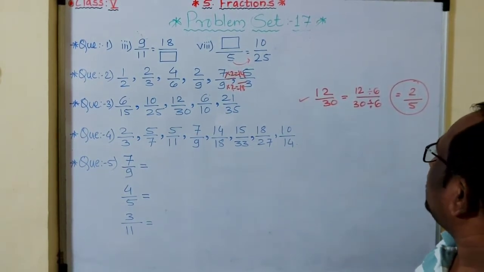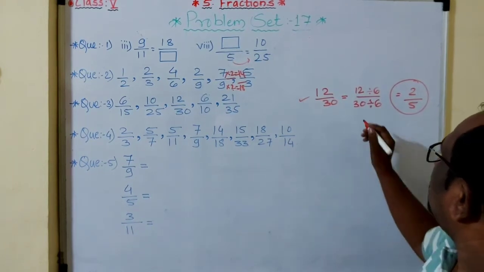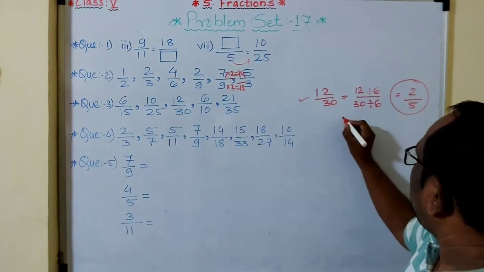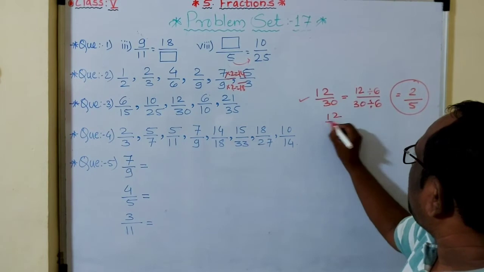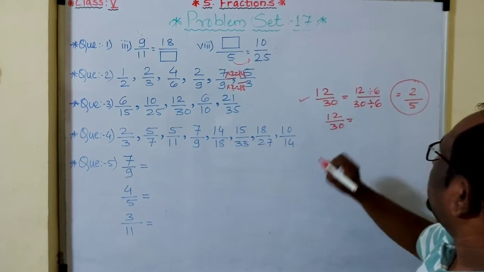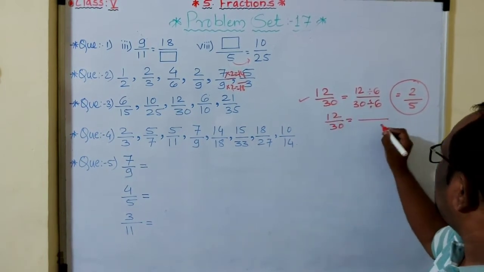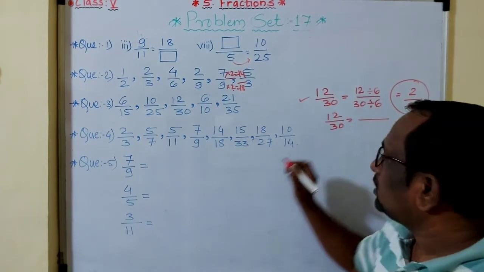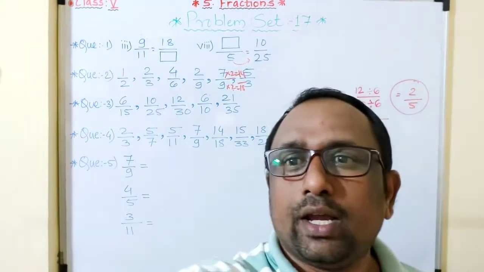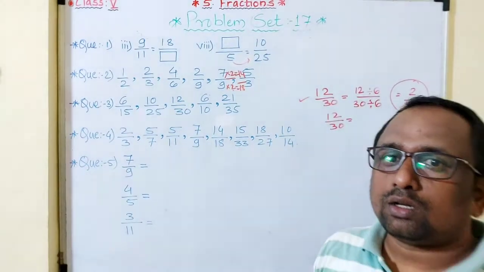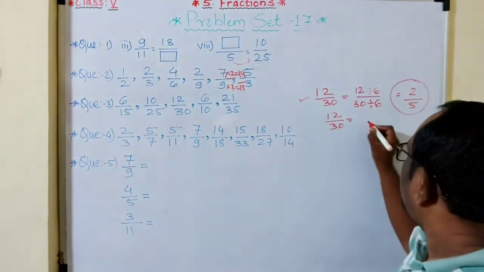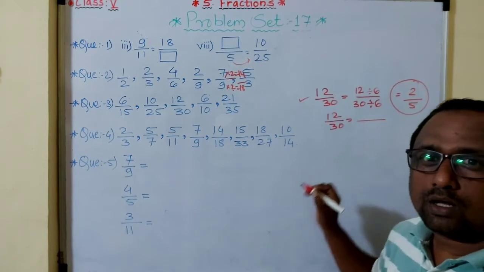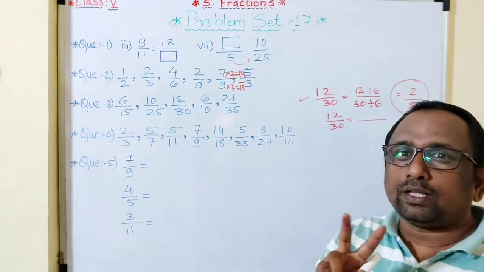Multiplication way also you can solve. Okay, now 12 upon 30 is equal to... now here, students, which number do we get? So 12 upon 30. Now here, by which number do we multiply, then we will get 30?